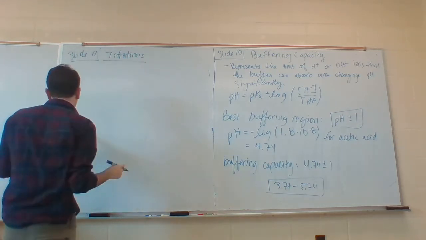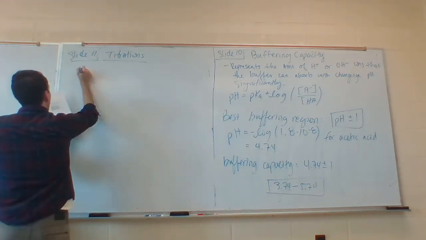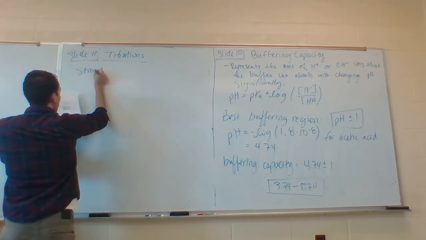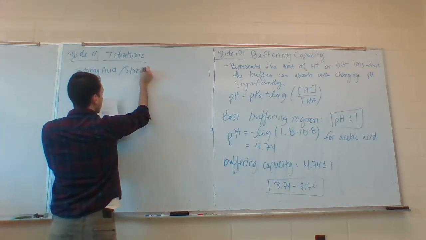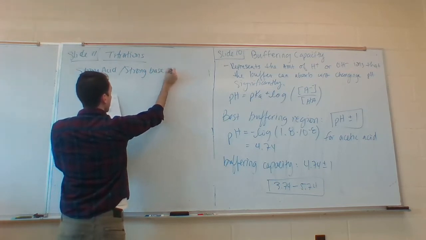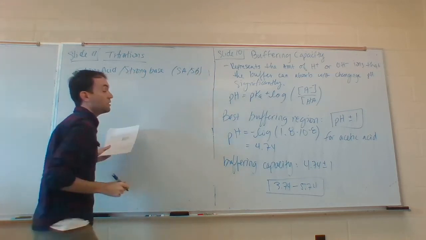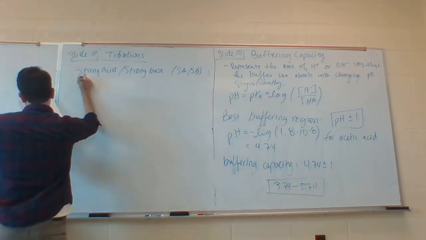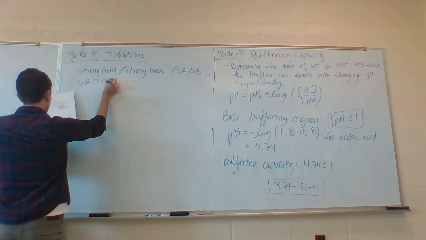All right, so basically for a titration, we're going to have 3 main types. We're going to have a strong acid and a strong base. Okay, this is called SASB, right? Strong acid, strong base.